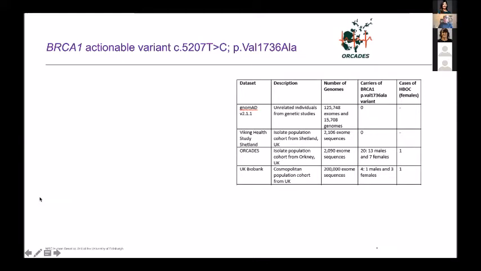We also looked in the UK Biobank, this phenomenal resource of research volunteers throughout the UK, and 200,000 exomes have been made available, and we found 4 people carrying the BRCA1 actionable rare variant.